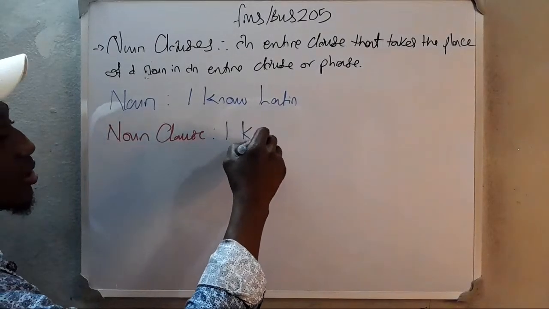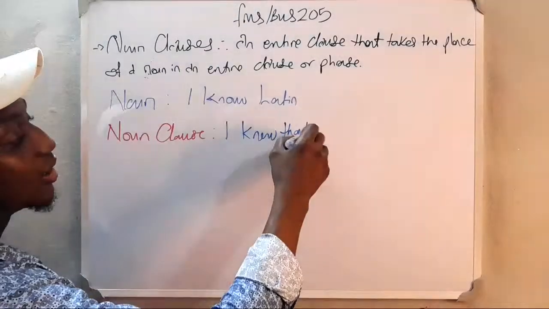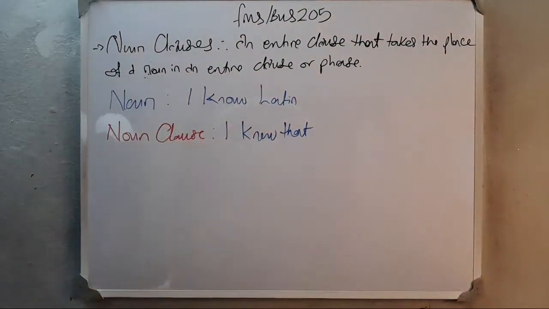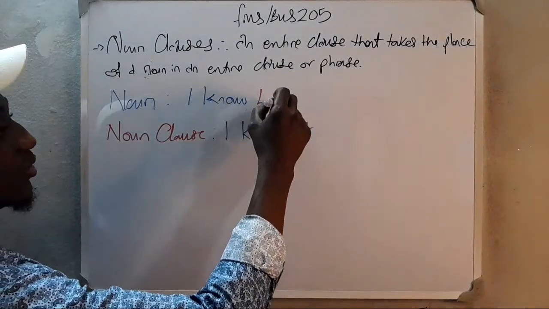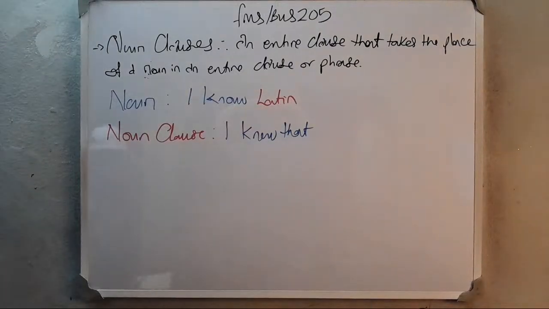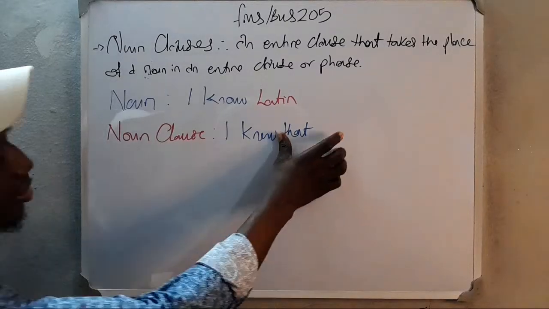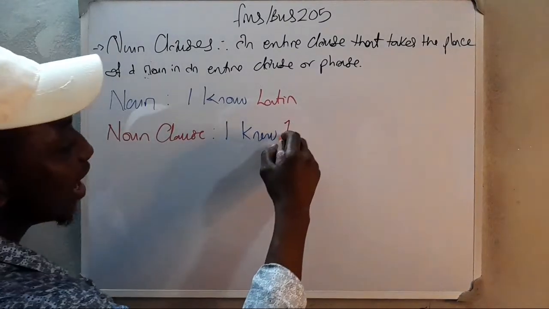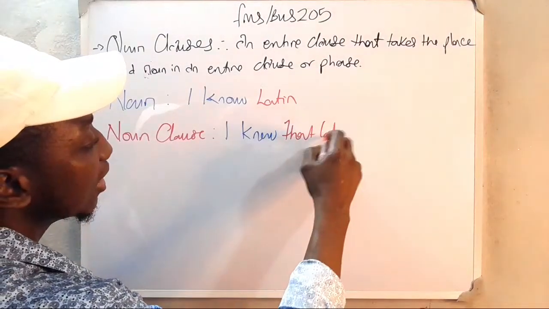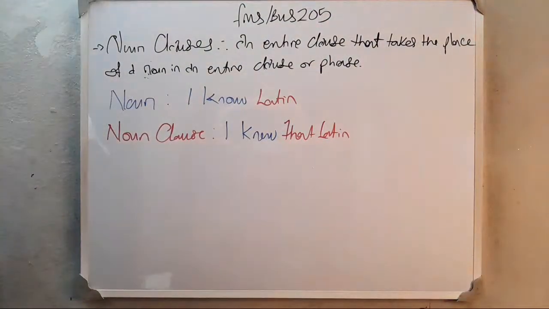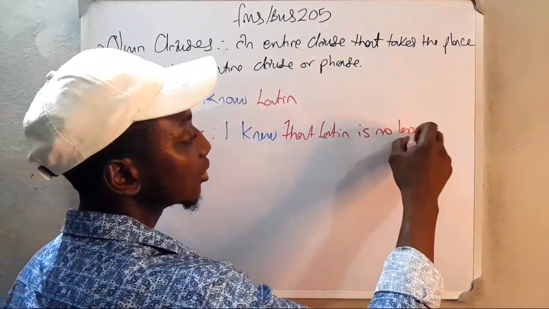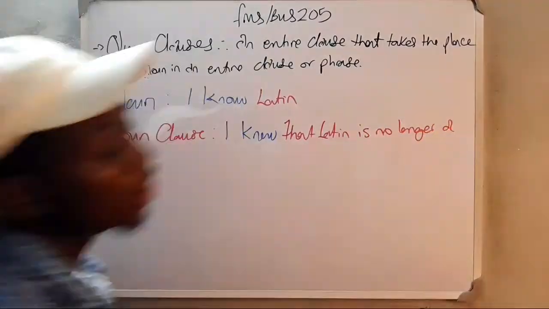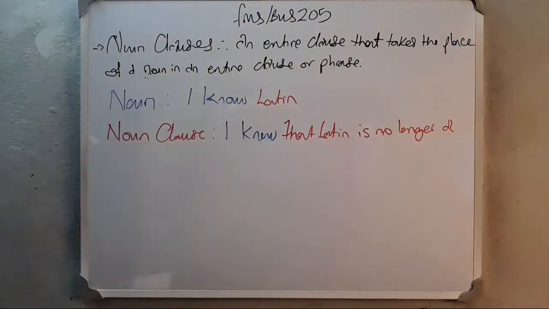I know that. I think I should put this in red. Now, the noun clause here is, starting from that: that Latin is no longer a native language.